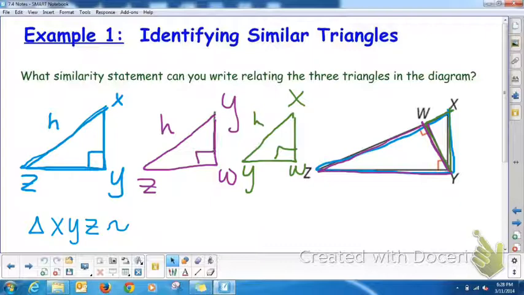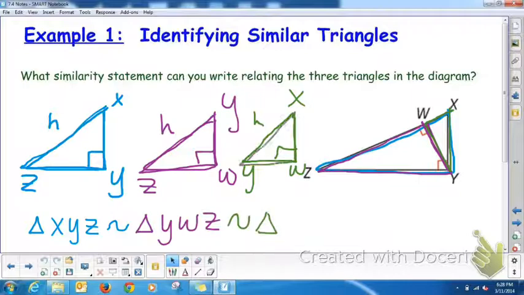I'm going to name this the same way. And my third triangle, I'm going to name it the same way, similar to triangle XWY, going from X to W to Y.